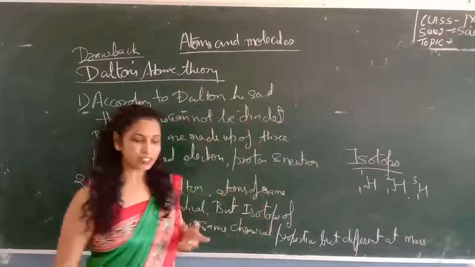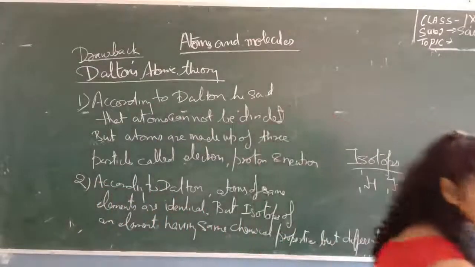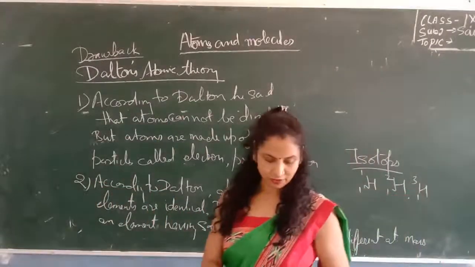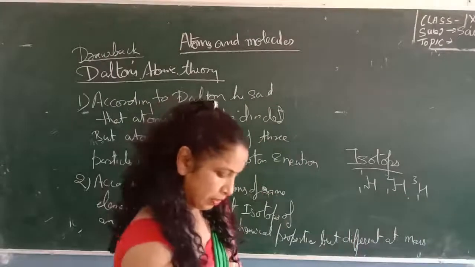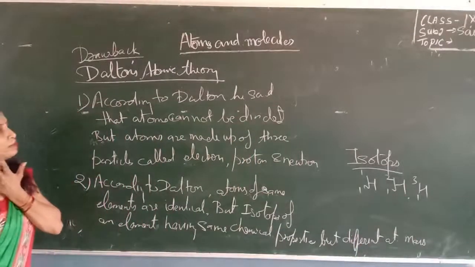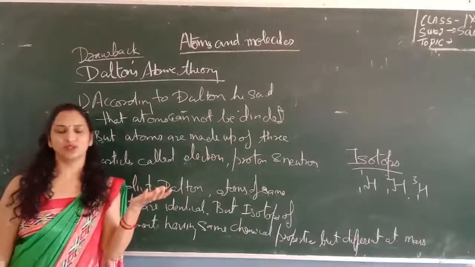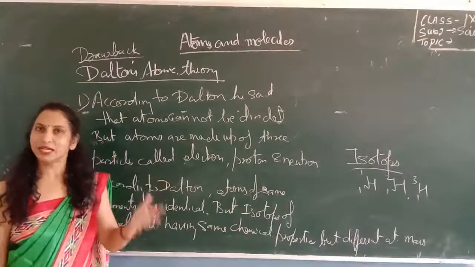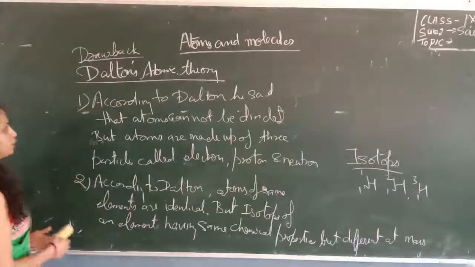So he did not explain how the same element can have a different mass number, because according to him all the atoms of the same element should be identical. So these are the two drawbacks.